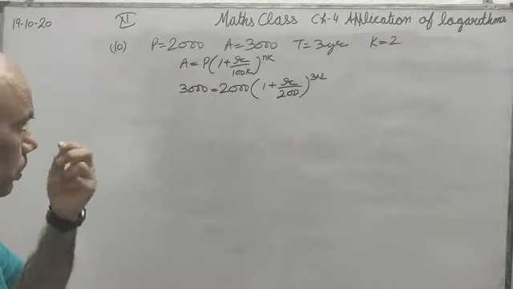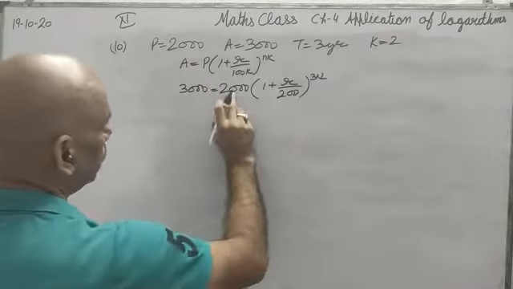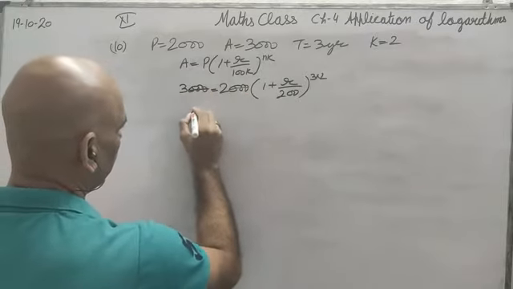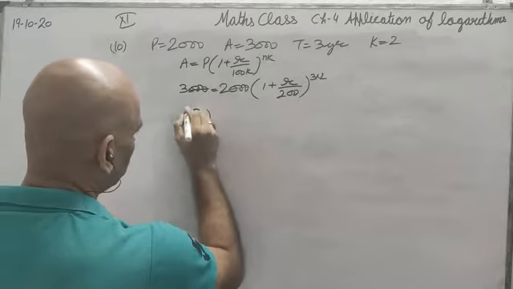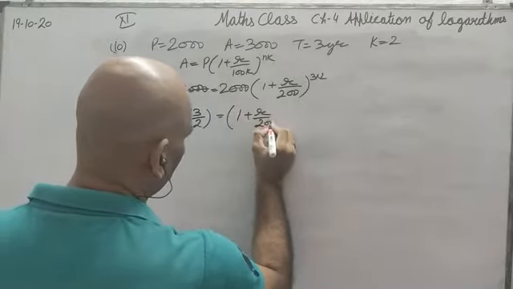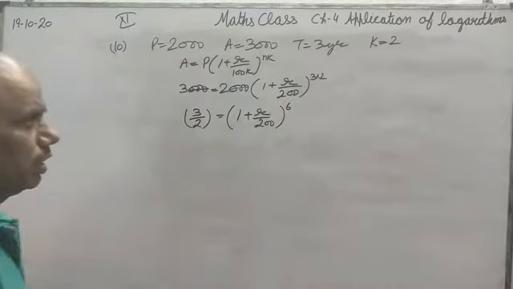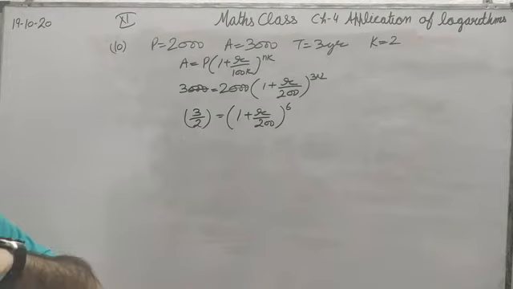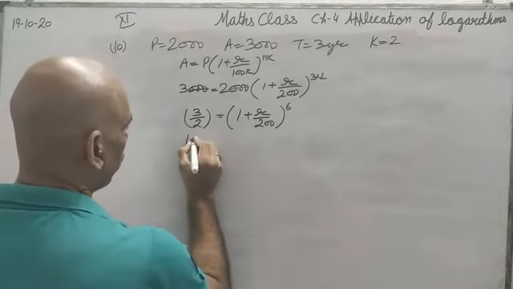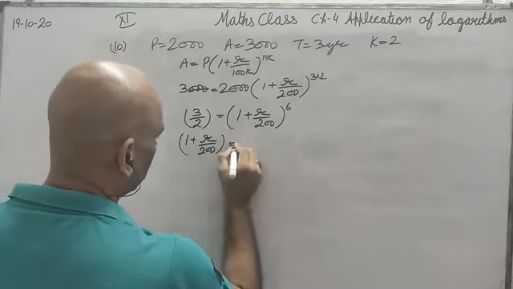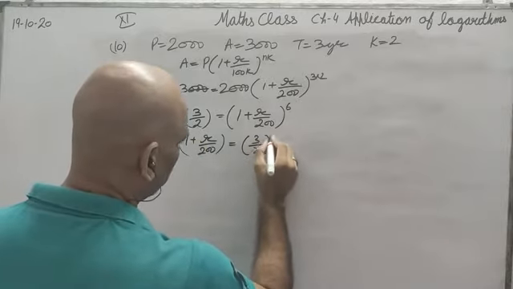So this 000 will be cancelled by 000, 2 will come at the bottom: 3/2 equals (1 + R/200)^6. Now if I want to take this power 6 to this side, it will become 1/6. So 1 + R/200 equals (3/2)^(1/6).